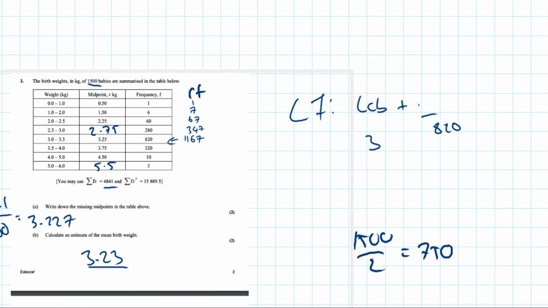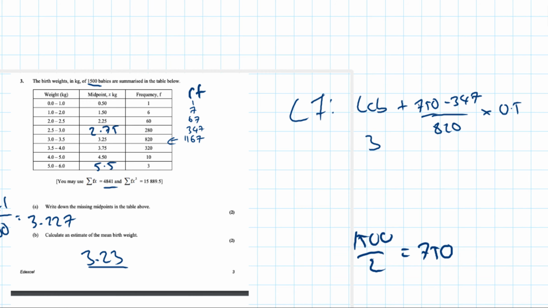So the median value here is going to be the 750th value minus 347, divided by 820, times the class width, which is 0.5.